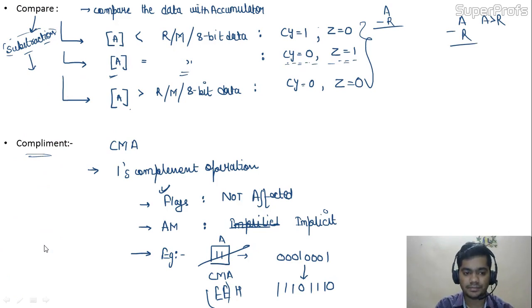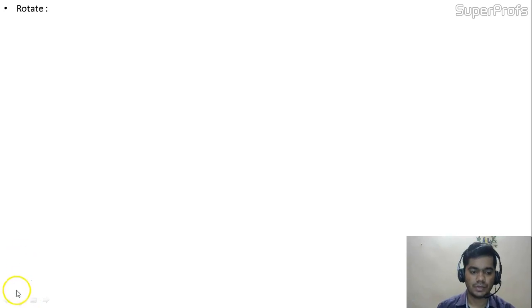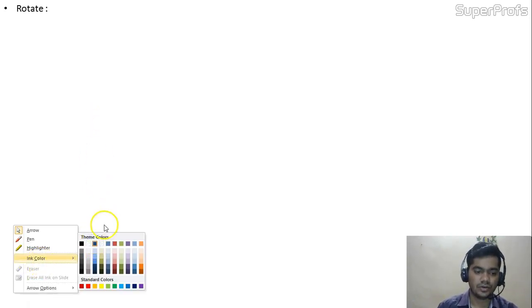So you can write these points, then we are going to discuss the rotation operation. So let's see what a rotation operation is.